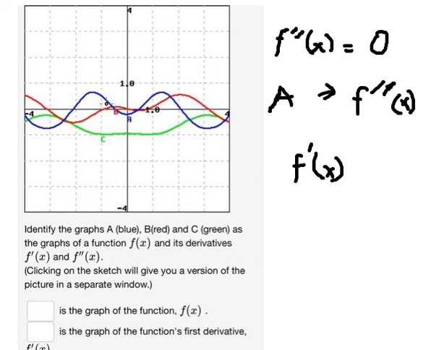So when the blue line goes to the x axis, we can see that on the red one we have a critical point here, because where the blue line goes to this one and this one, we have the local max, and this one here we have a local min, and this one here we have a local max for the red line. So the red one is the first derivative. So the red is B.